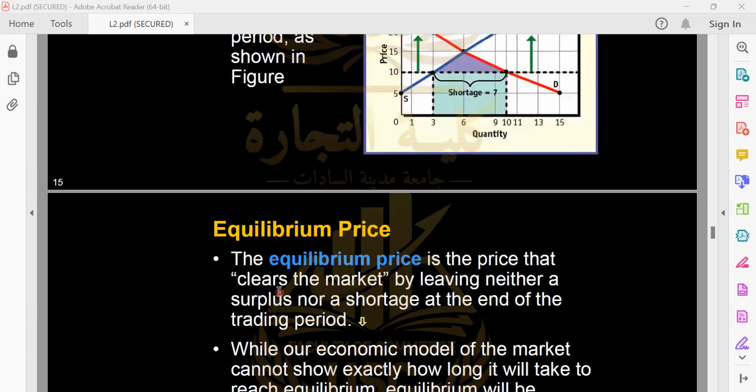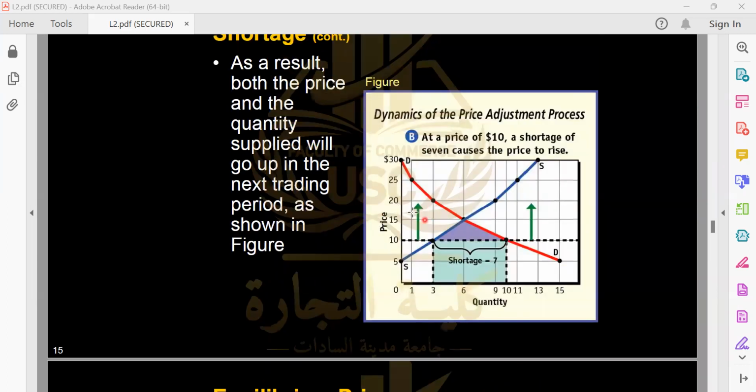So when we have a price that is lower than equilibrium, we have a pressure that helps us. This pressure helps us to get back to the equilibrium, and we will have higher prices.